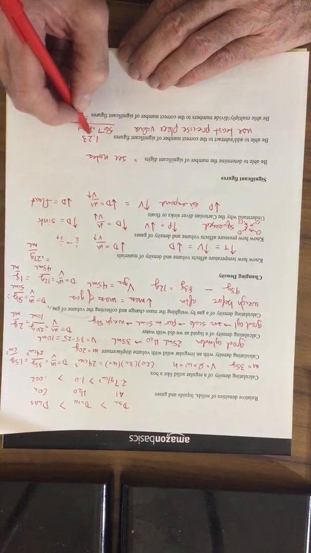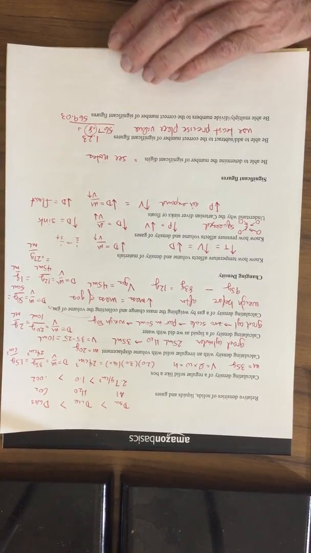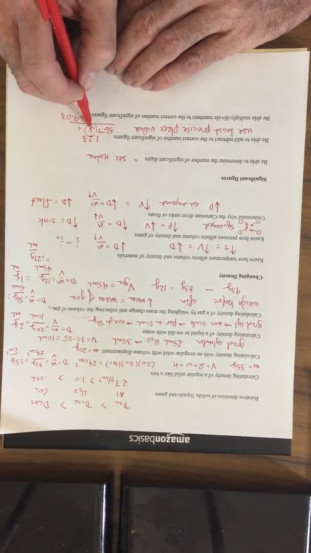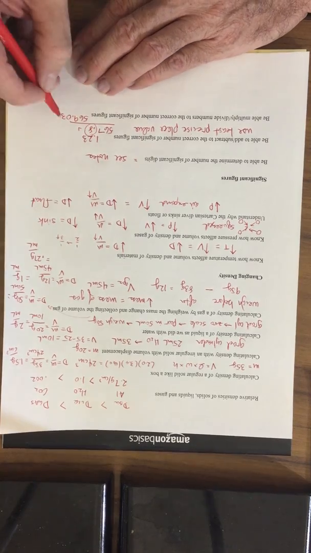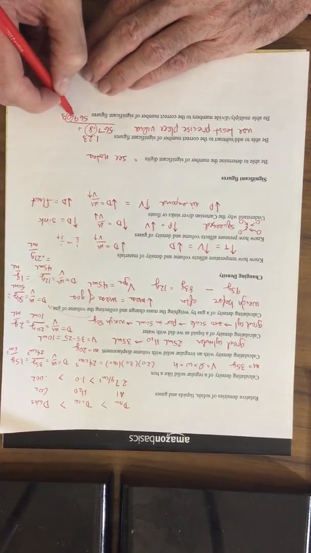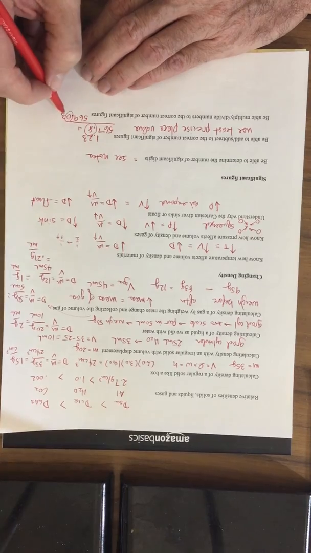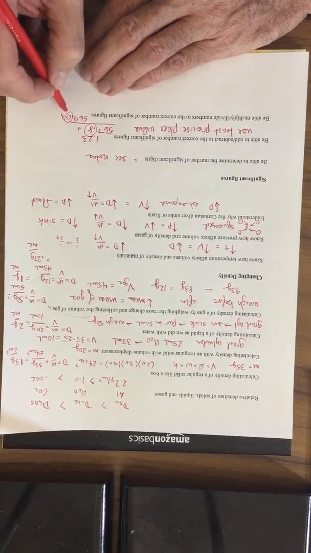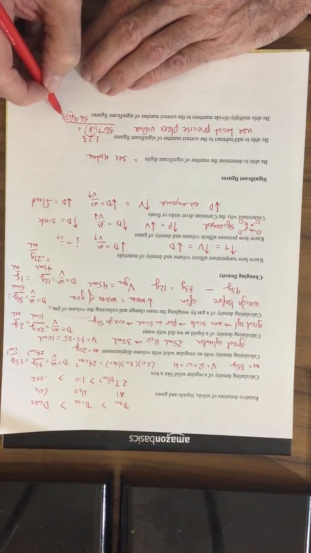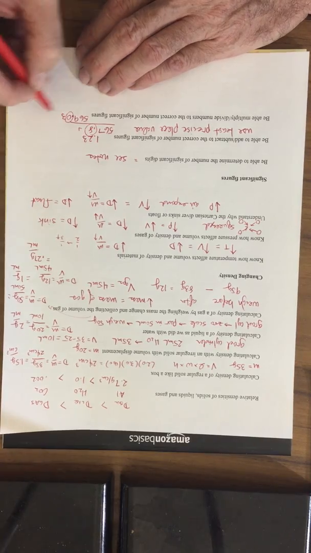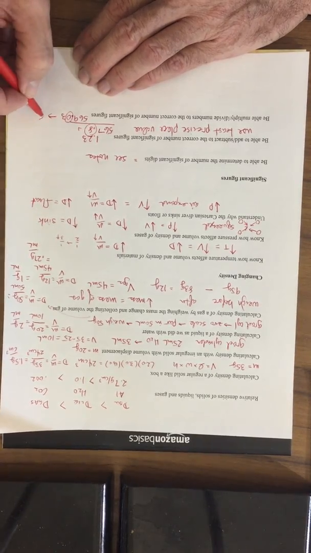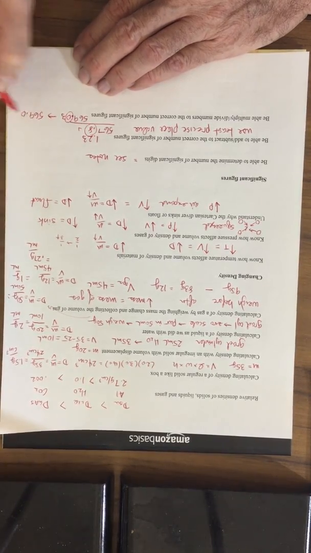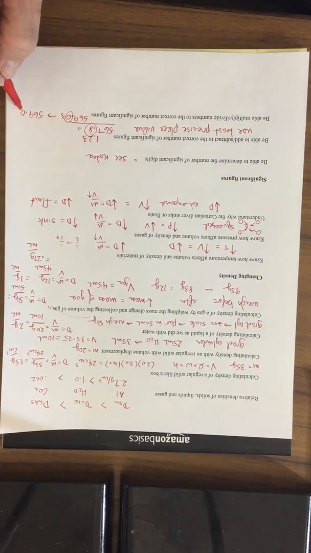So that means our answer can't be more precise than what is least precise. So my answer has to be to that digit right there. So I'm going to use the next digit to round up or down. In this case it's below 5, so it's going to round down. So my answer would be 569.0. And yes, the 0 would be significant because it showed we measured to the tenths.